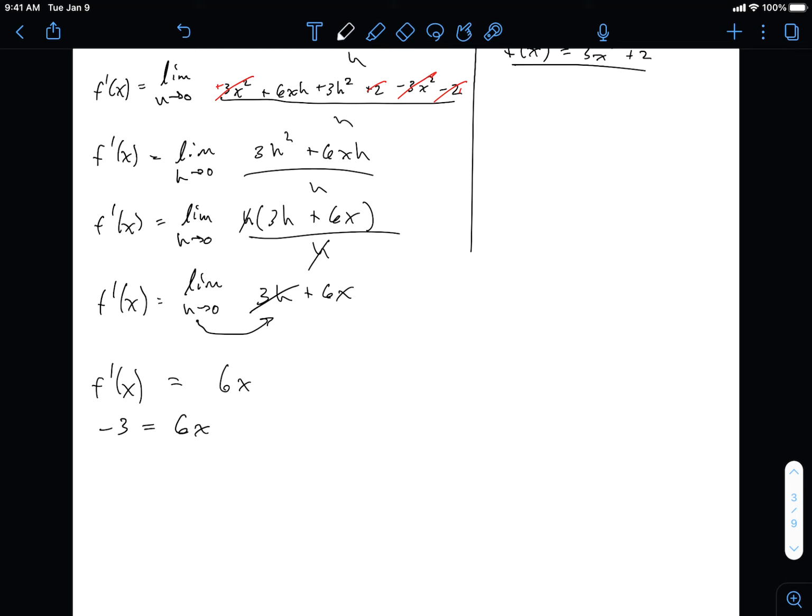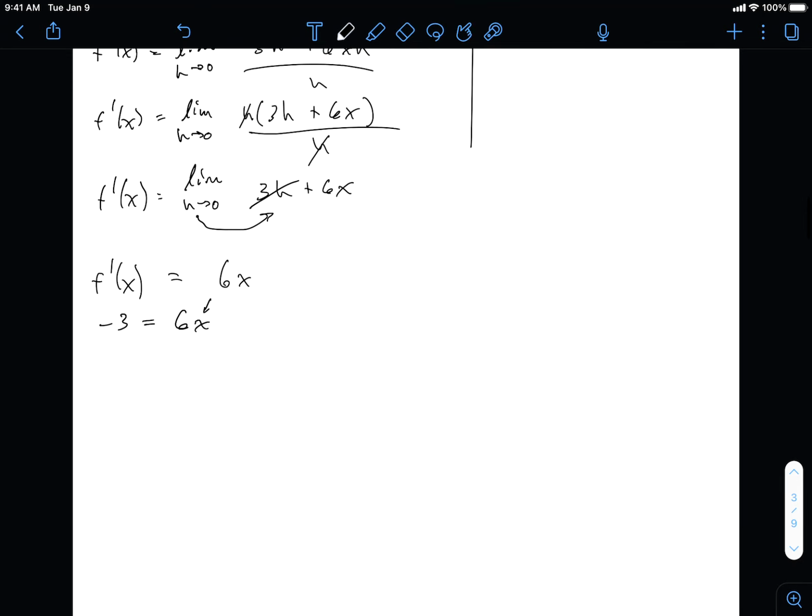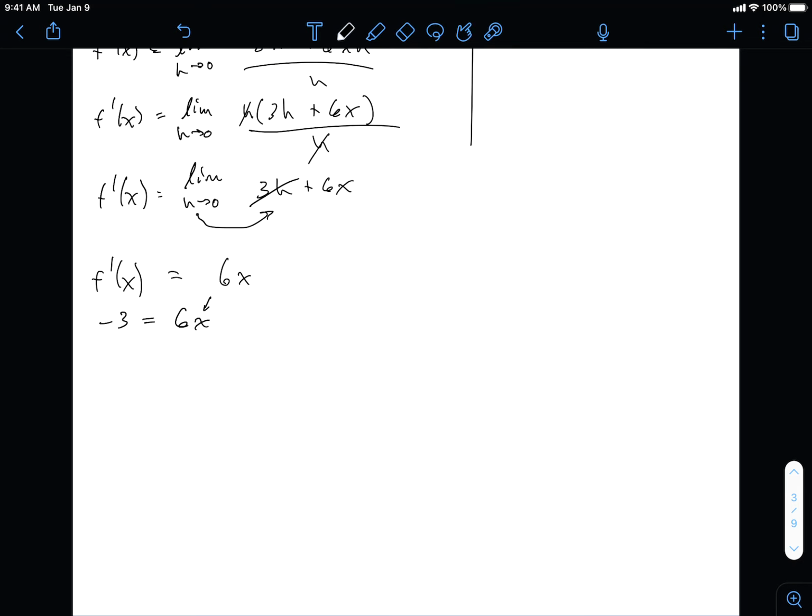We can solve for the x value of the point that they're actually asking about. -3 over 6 is equal to x, so x is equal to -1/2.